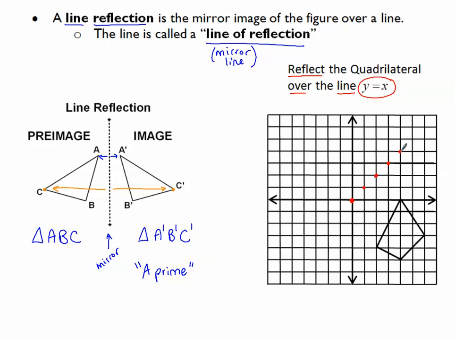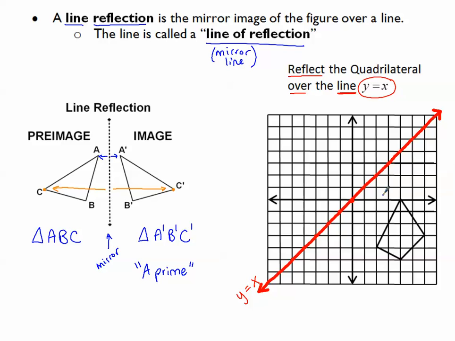It's that diagonal line that you see as I start to plot those points. So we're going to connect those points to make that mirror line or that line of reflection. So there's that line, y equals x. That's our mirror line or our line of reflection.